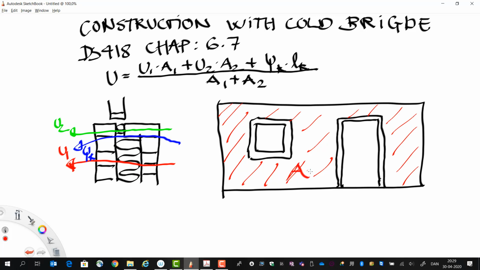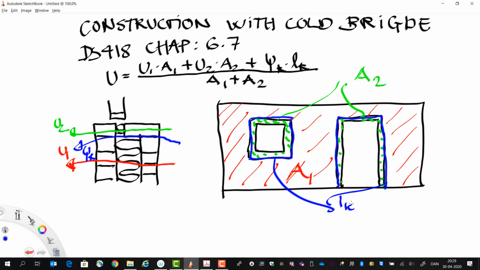This is A1, and I have the area of the cold bridge I have here, where I have less insulation than in the main wall, also around the door here. So that is A2, and then I have the linear loss around here in the length, so where I have the change of insulation layer, and also up here. So this part here is LK.